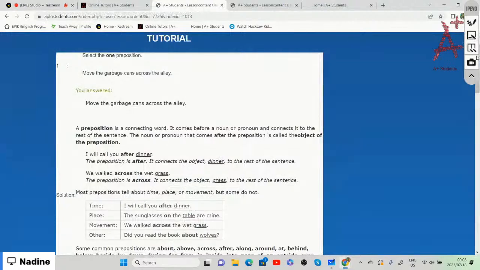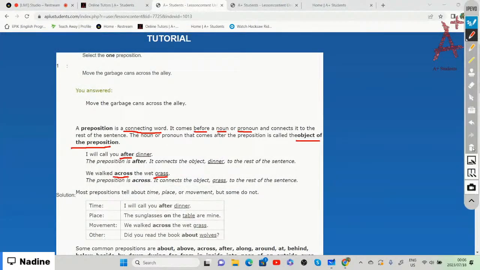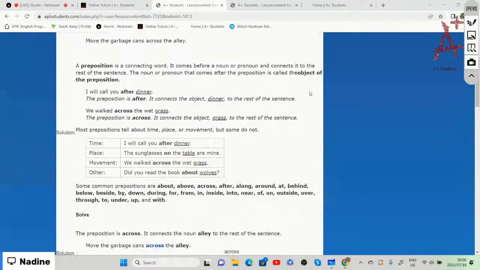All right. So most prepositions either tell us about time, place, or movement. But then we will find some that do not. For example, time: I will call you after dinner.